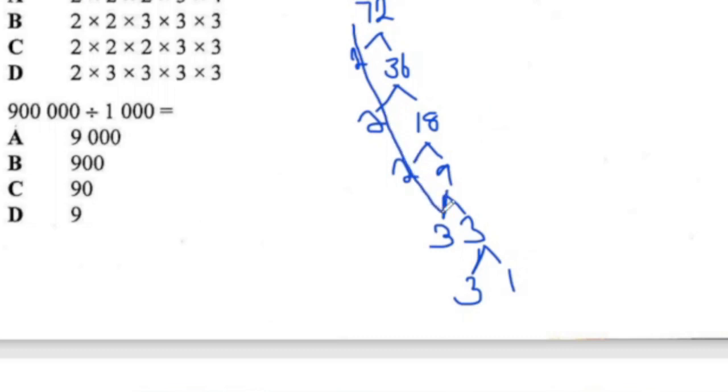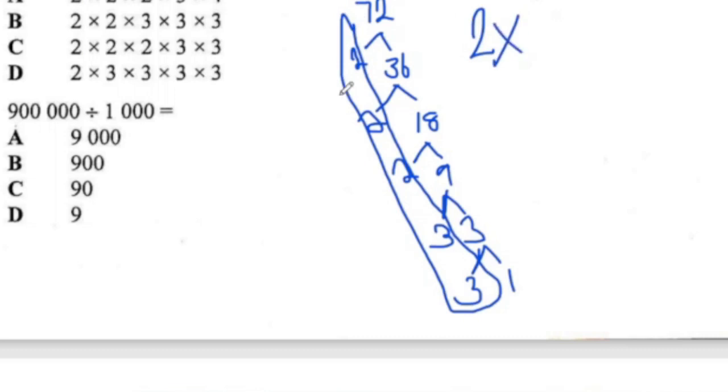That means if we continuously multiply these numbers, they will give us 72. So we can have 2 times 2 times 2, so there are 3 2's, then times 3, then times 3.